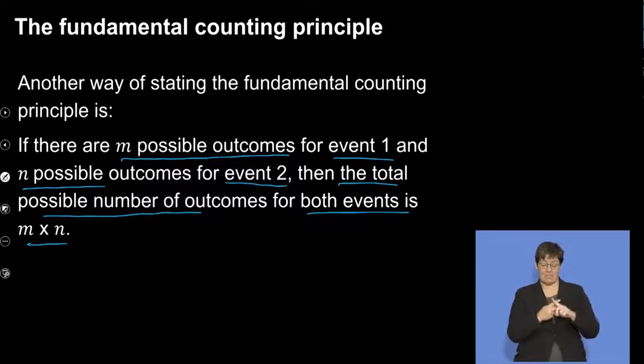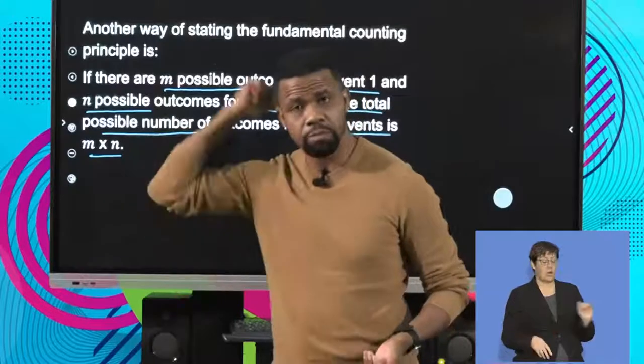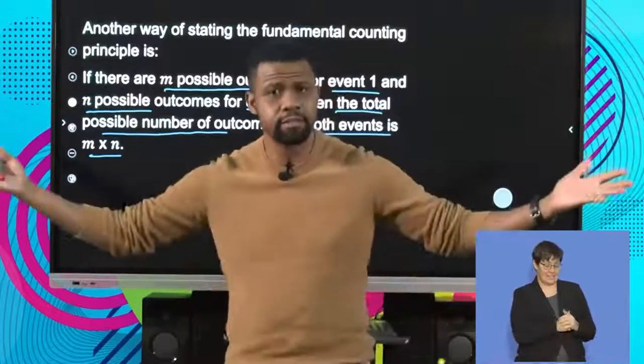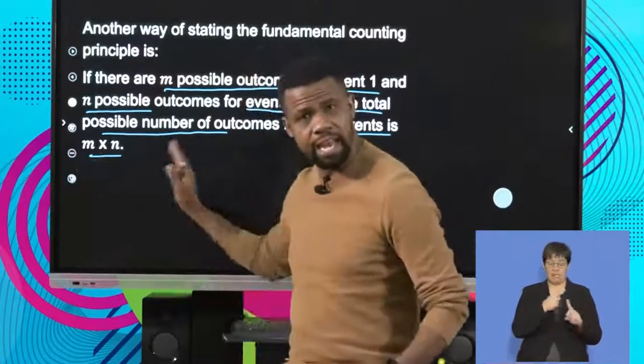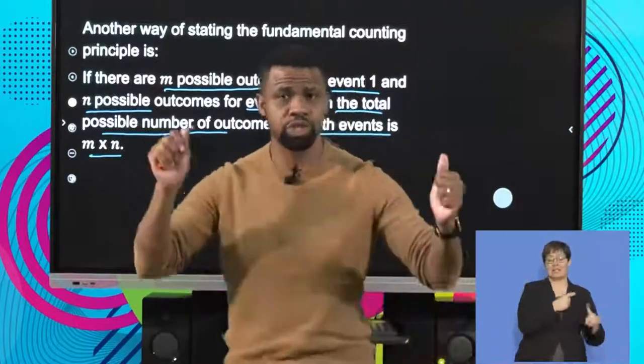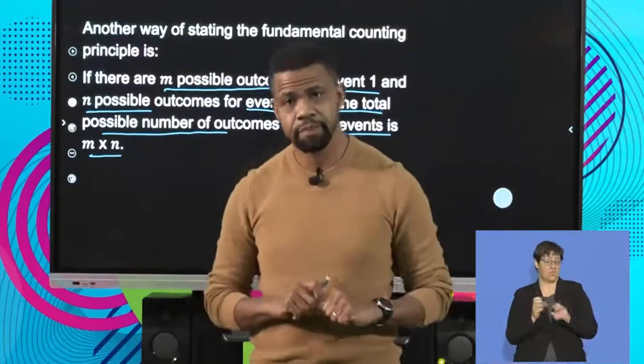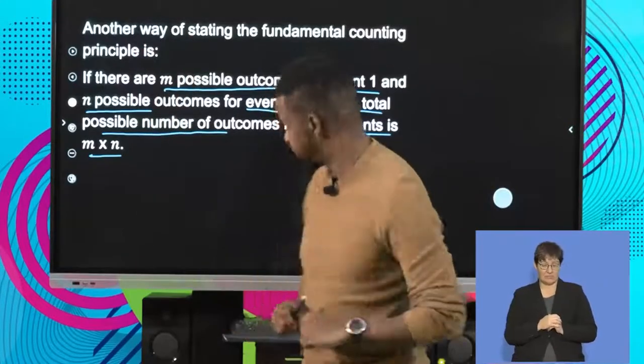That's the same thing. Similarly to the previous question, the number of possible outcomes for a coin is 2, and for a die is 6. Then m times n is 6 times 2, which gives us 12. Are we together? Fantastic.